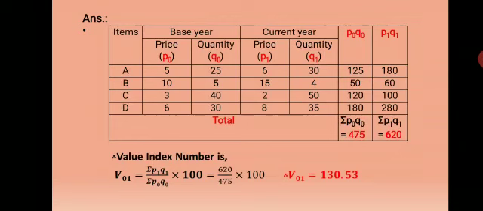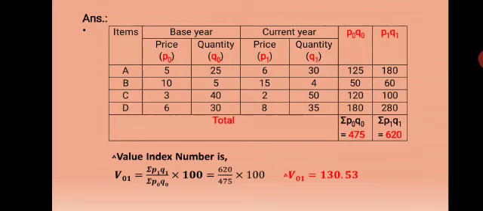Similarly, we will calculate P1 into Q1, that is 6 into 30, we will get 180. Then 15 into 4, we will get 60. Then 2 into 50 is 100, and 8 into 35 is 280.